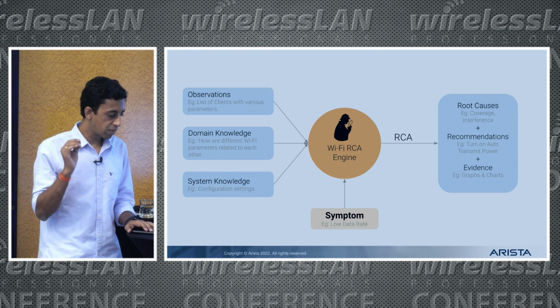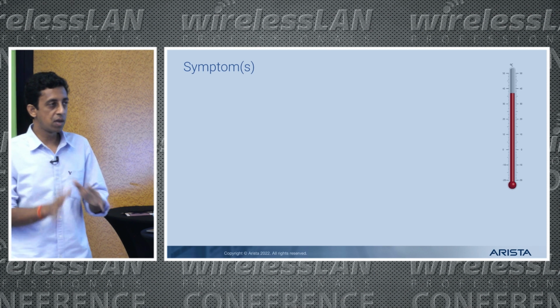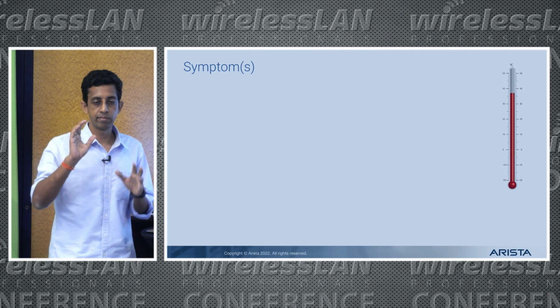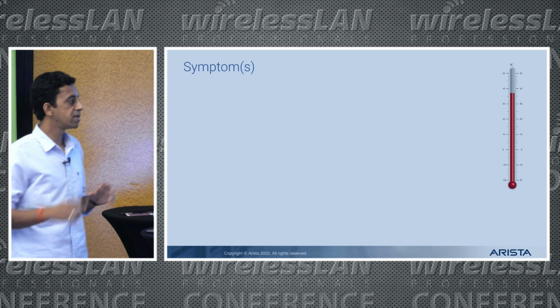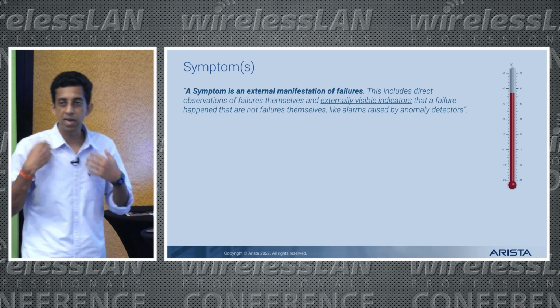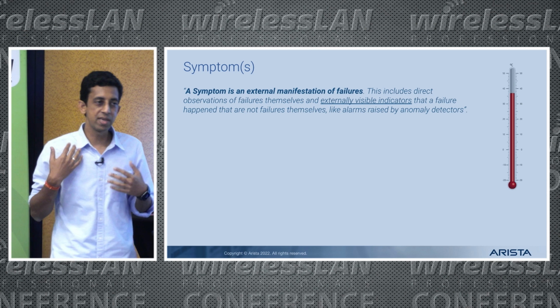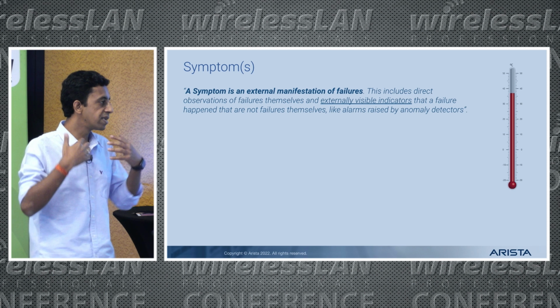Now let's talk about the symptom, right? It's really important to distinguish between a symptom and a root cause. So a symptom, as I said earlier, is an external manifestation of the failure. For example, if you talk medically, fever is a symptom.